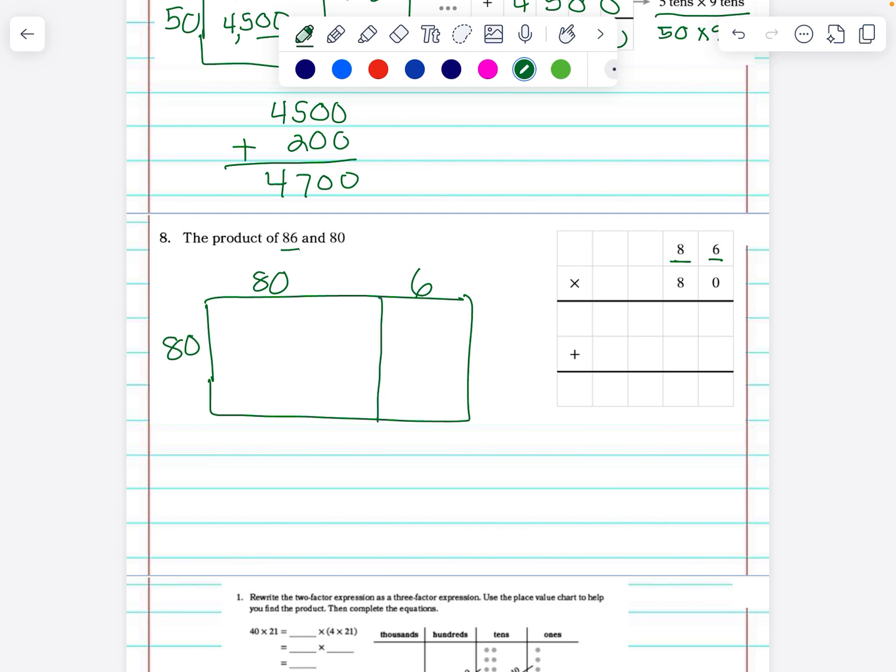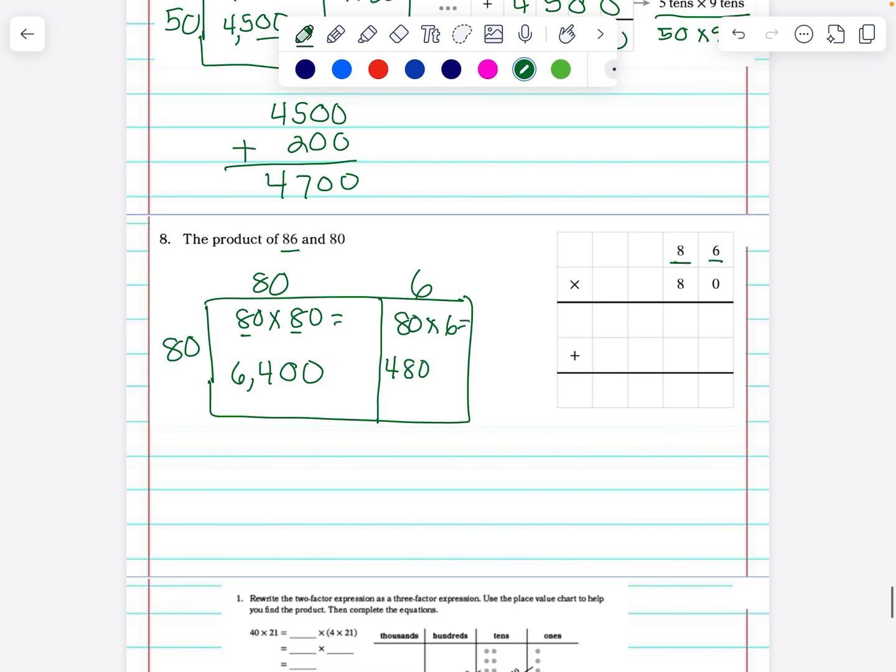So in our first section, we have 80 times 80, which is going to be 6,400. Then we have 80 times 6, and we have 480 as the total for it. Add the two together. We have 6,880.